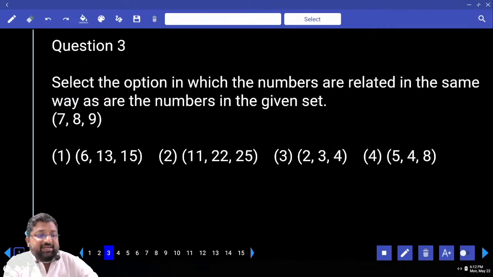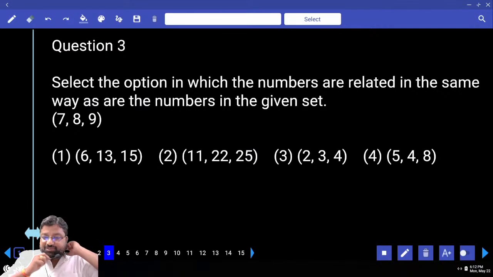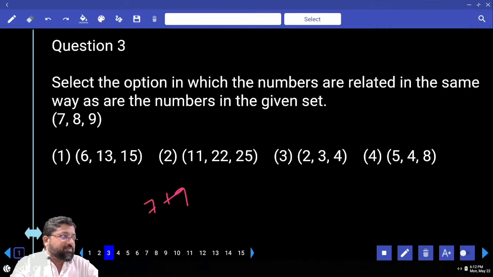Next, 7, 8 and 9. Select the option in which the numbers are related in the same way as they are related in the given set. So what's going on here? 7, 8 and 9. What's the possible way of getting 9 from 7 and 8, or any other digit from the other two digits? Can I say 7 plus 9 is equal to 16, divided by 2?